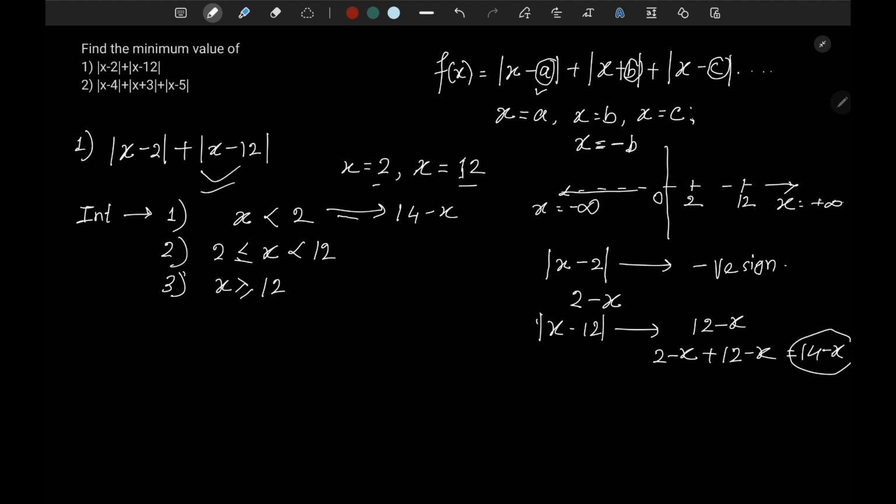In the case of the second interval, x is between 2 and 12. Let's forget about x equal to 2 for now and take x greater than 2 and less than 12.